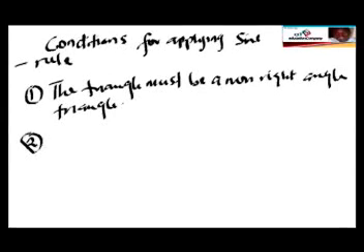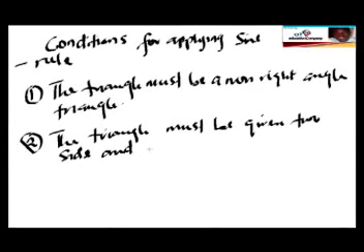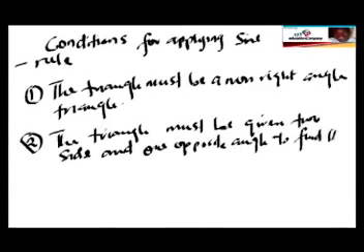The second condition here says the triangle must be given two sides and one opposite angle to find the other opposite angle.